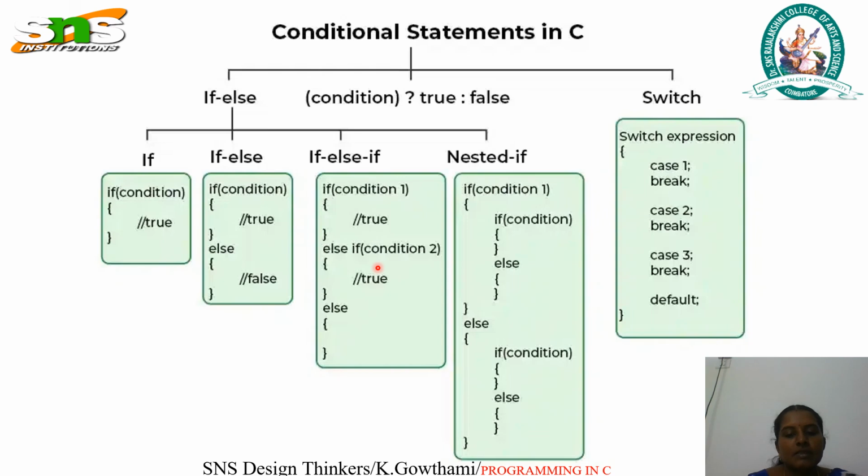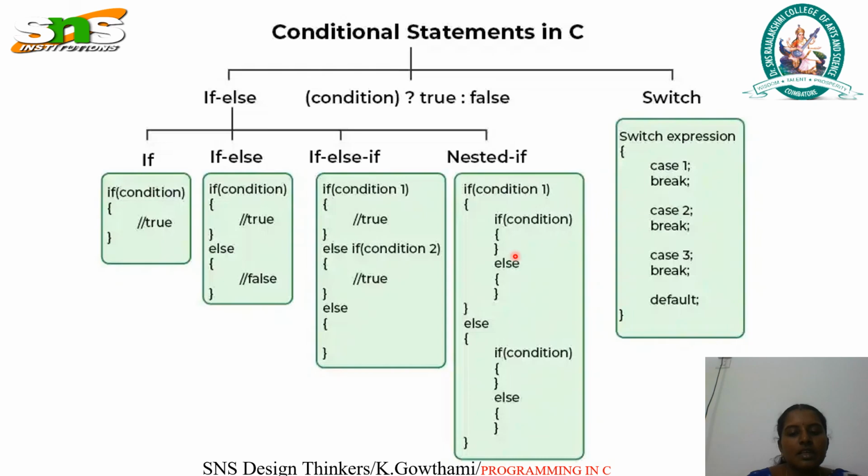Next one is the nested if statement. Nested means within another. If an if statement contains another if else statement, that is called a nested if statement. One if statement contains a condition; if that condition is true, execute this if else statement.